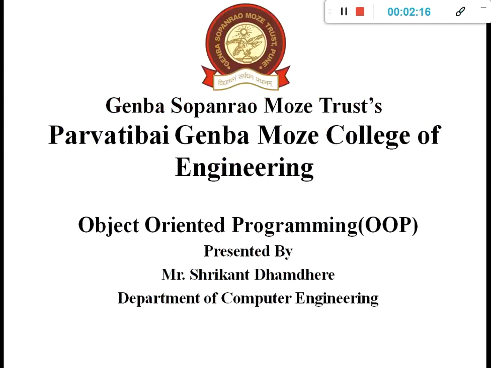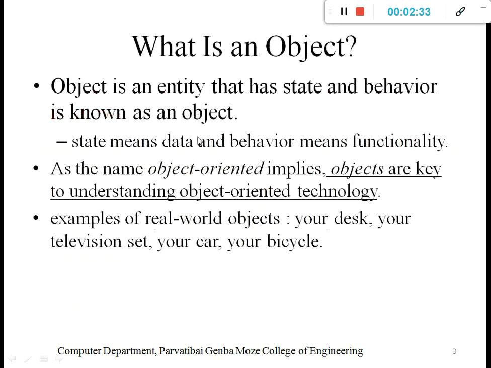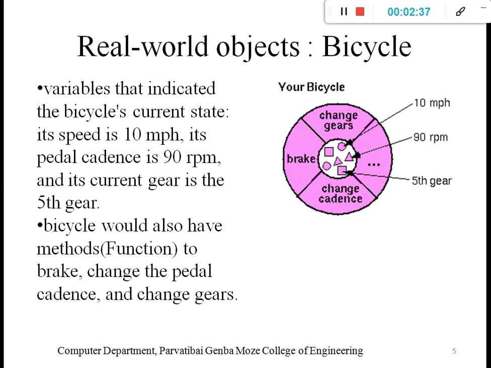Now, if we see an object, then what is meant by a class, a data member, and a method? The data member and method are again related to the object, and the combination of these three comes with the class concept. We will understand what class means. First we will understand what is meant by the object.